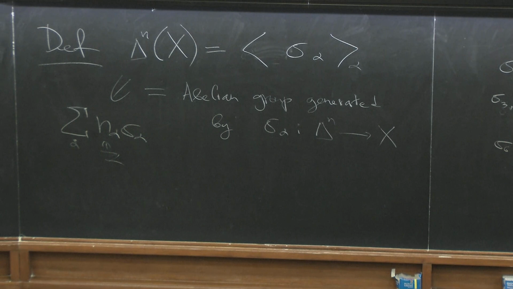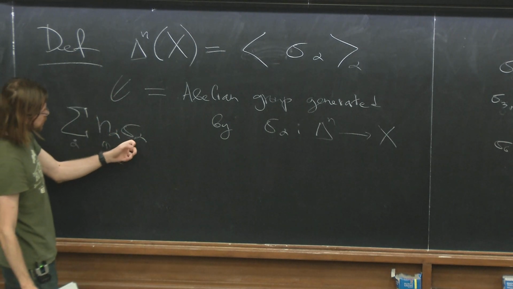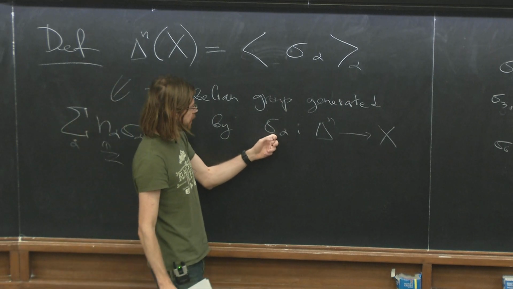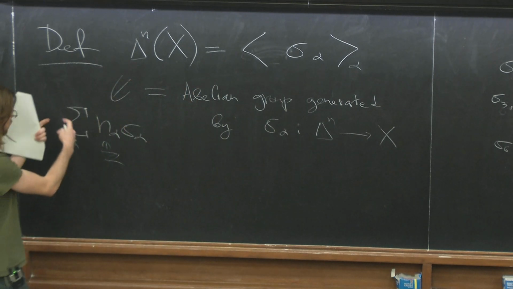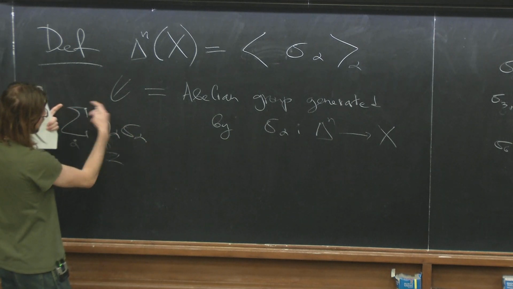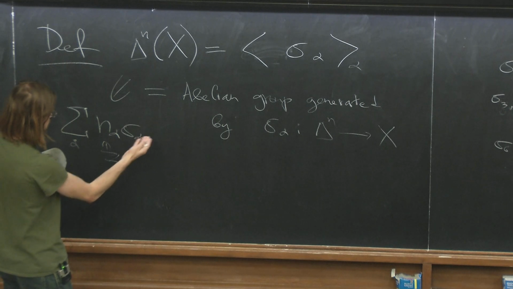So elements here are these formal linear combinations. Essentially, for each of these maps, I assign a certain integer weight. Of course, the abelian group structure is given by linearity.